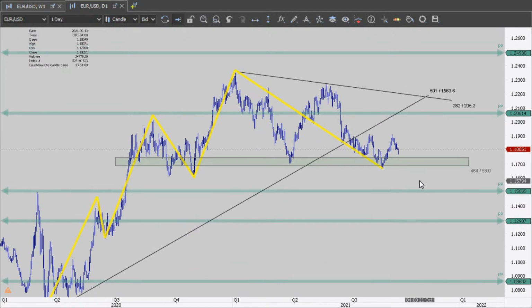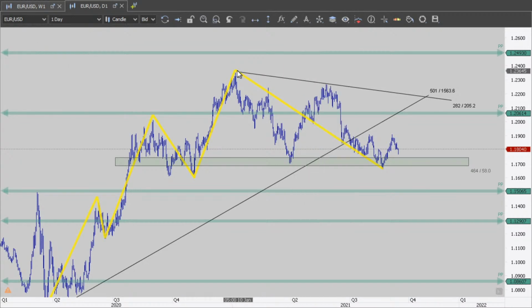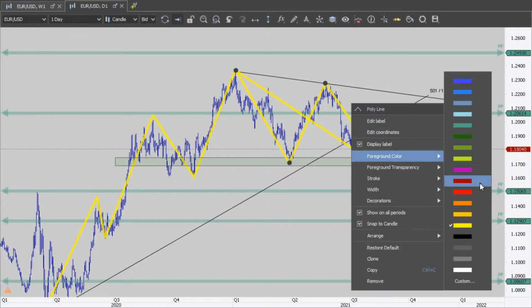Okay. Long or short, everybody? Talking about the retracement, right? High to low, low to high, high to low. This is the down.